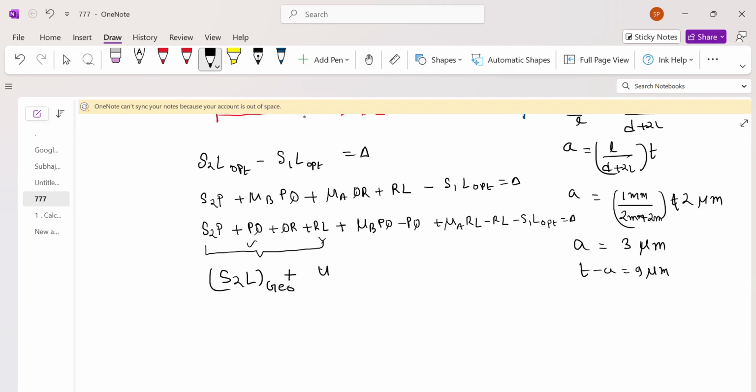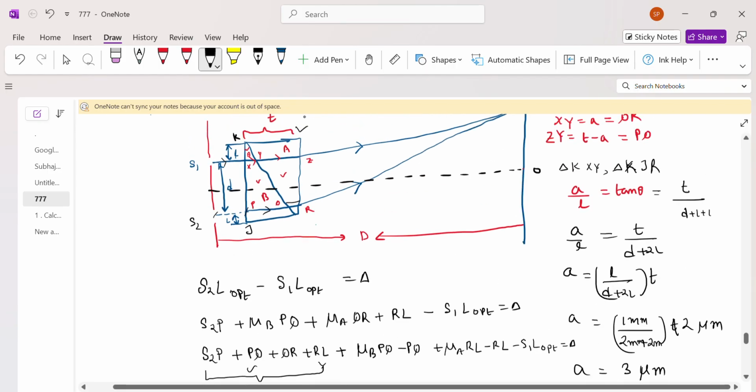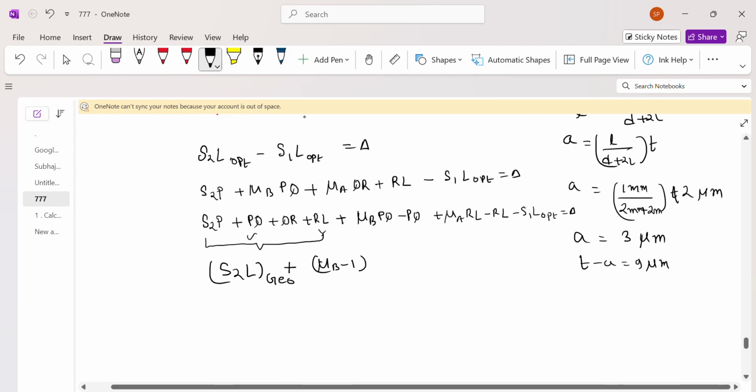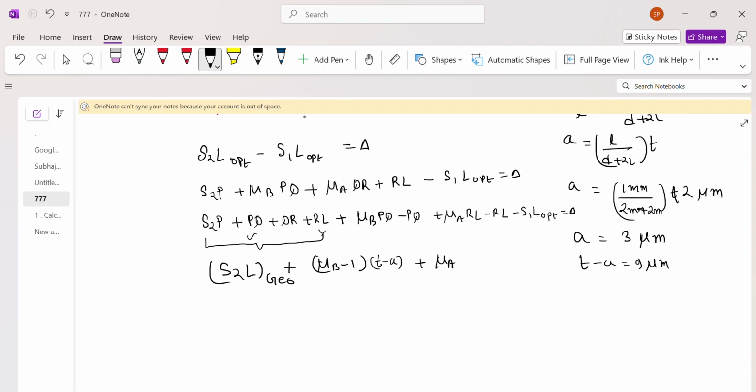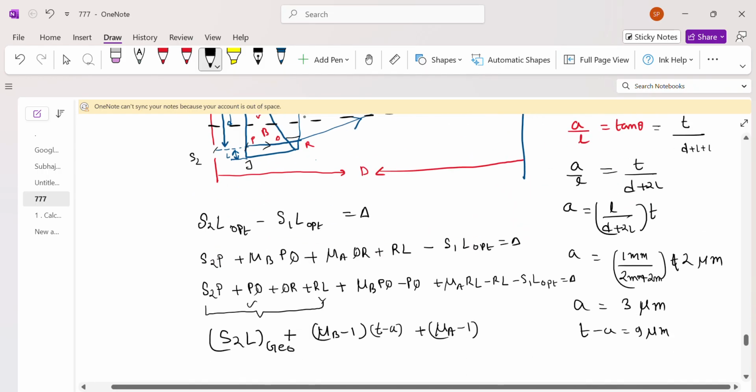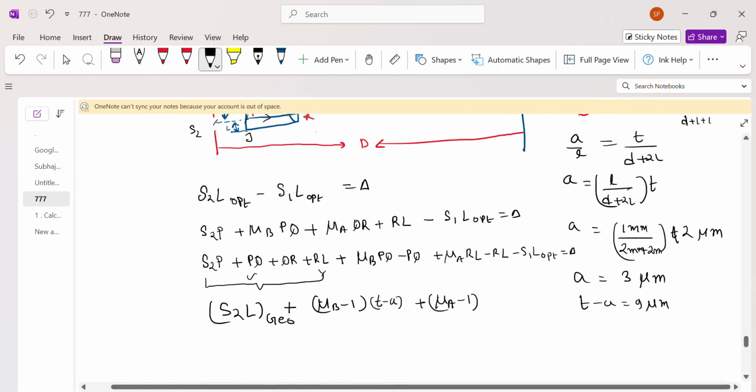So now this will be mu B minus 1 into PQ. But I already have a relation for PQ: this PQ is t minus a, so I will write it like t minus a, plus mu A minus 1 into QR.